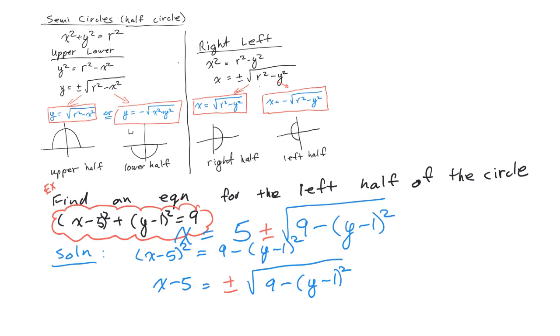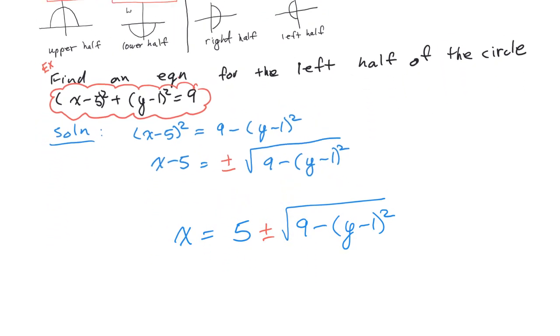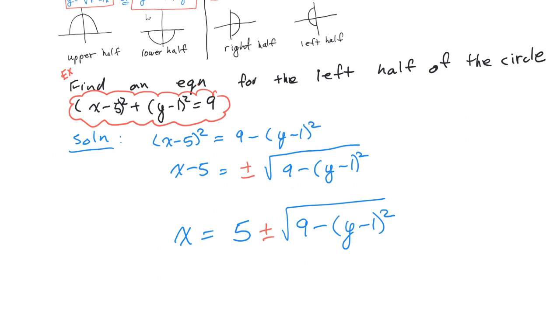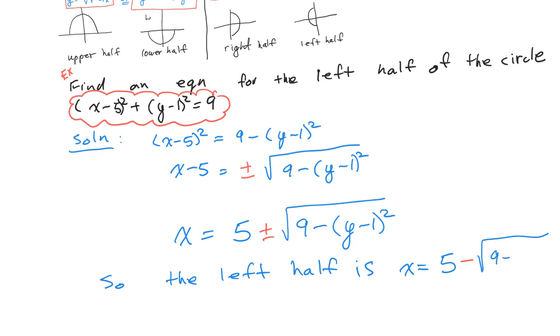So now, to get the left half, all we're going to do is just use the minus sign of our square root sign. So the left half is x is equal to 5 minus the square root of 9 minus (y minus 1) squared. And we're done.